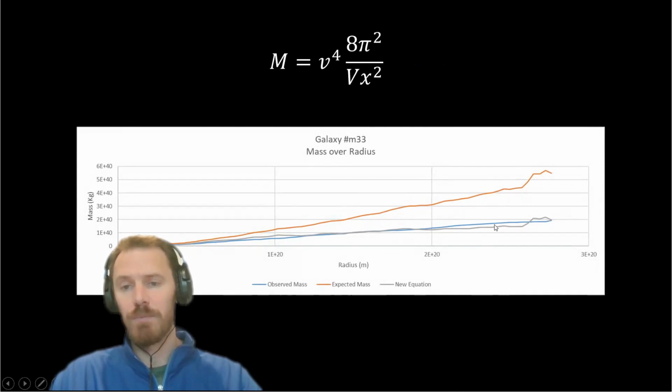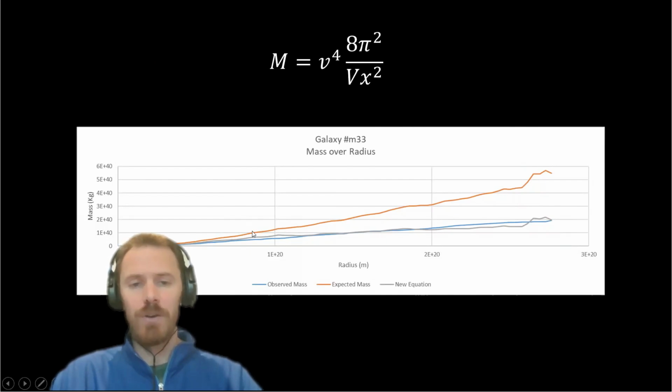And that predicted mass is accounted for by dark matter. However, our new equation takes the observed orbital velocity and calculates very accurately the visible or observable mass in that galaxy, therefore eliminating the need for dark matter.